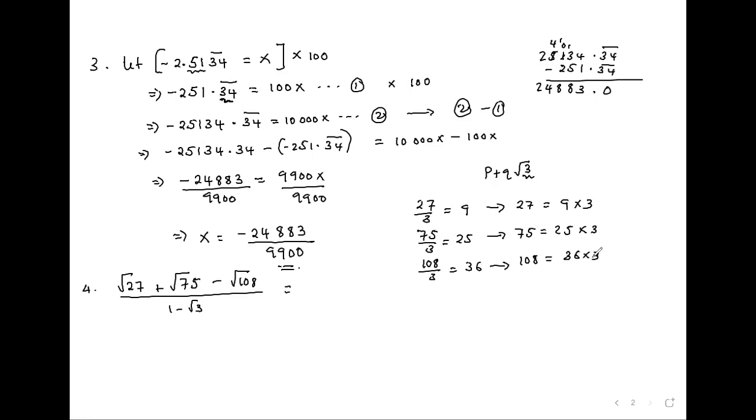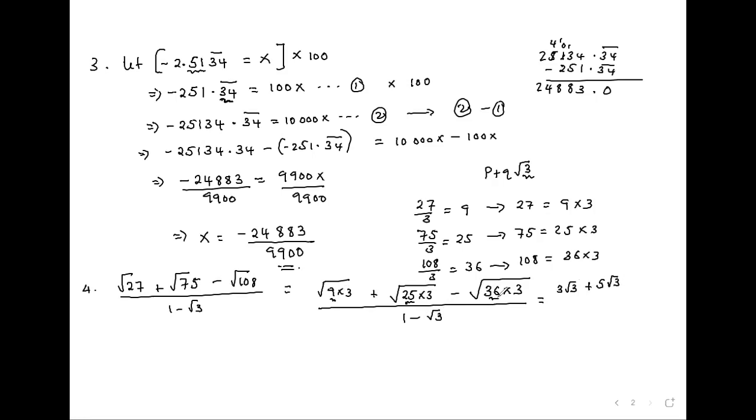So you say, okay, this is equal to: where there's 27, we write 9 times 3, plus where there's 75, we write 25 times 3, minus where there's 108, we write 36 times 3, and then divide by 1 minus root 3. Giving us the root of 9, we know it is 3, root 3 remains inside. Root of 25, it is 5, root 3 remains inside.